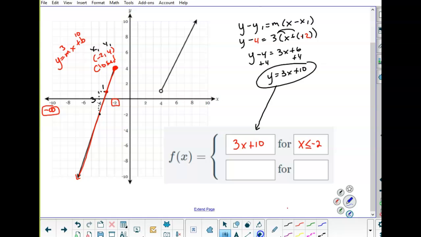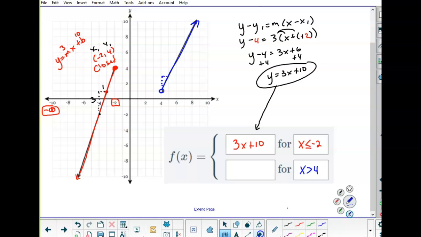So then I have the second piece. Open circle, my equation's going up. Well, where do we start? We start at 4, and then x is getting bigger, so x is going to be greater than every number past 4. Now notice it's an open circle, so I don't put a line underneath it. Now here you could use that same idea of slope.